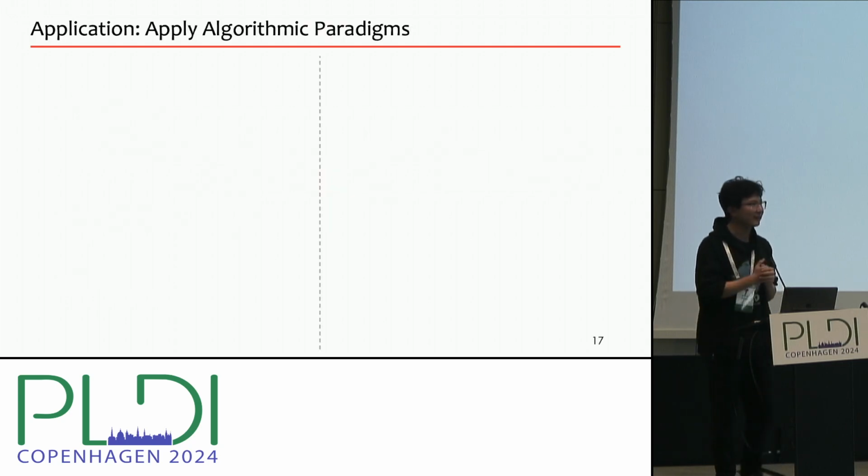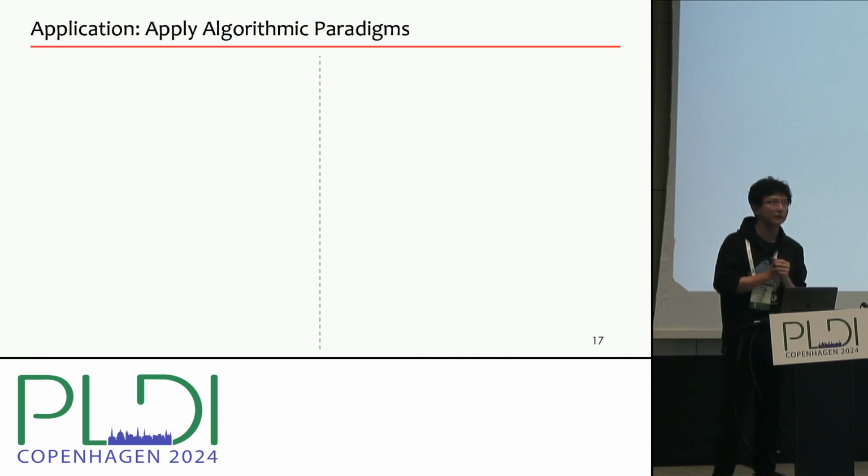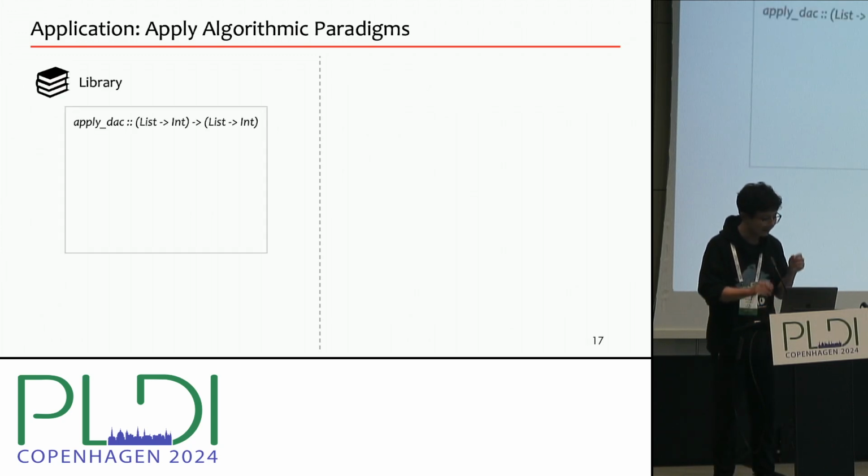So the first application is just our topic in the previous slides. That is how to automatically apply some algorithmic paradigms to rewrite some reference program. With the help of SuFu as the backend, we can write a magic function called apply divide and conquer, which intuitively can apply divide and conquer algorithms.